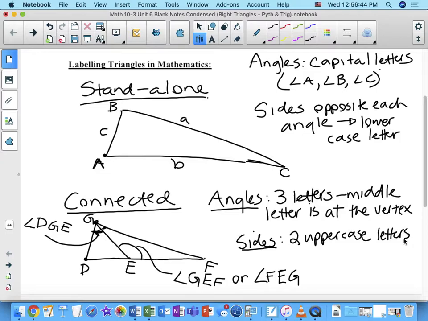So for example, if I was looking at this side over here, I would call it D, E. Or if I was looking at this side over here, what would this one be called? GF.